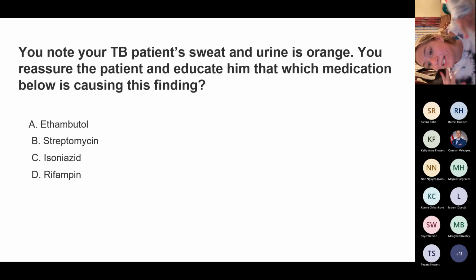Amazing. Very well done. It is our rifampin. Rifampin can turn those body secretions orange. Therefore, we really need to be doing some good patient education.